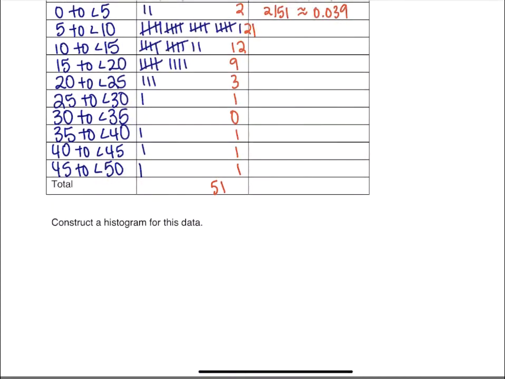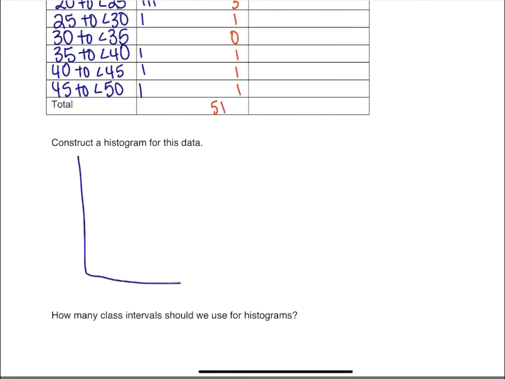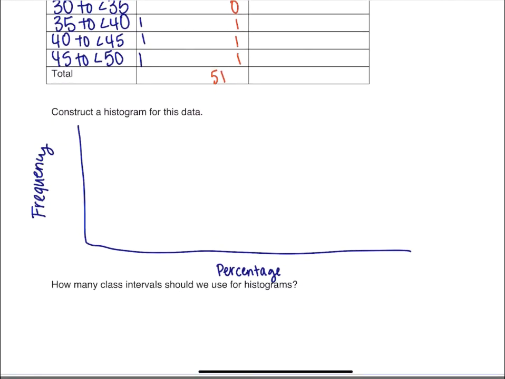When you're drawing a histogram, you have two axes. You have your horizontal and your vertical. Make sure you label these. So this is the percentage, and then the y-axis is going to be the frequency. And we need to hit from 0 to 21.